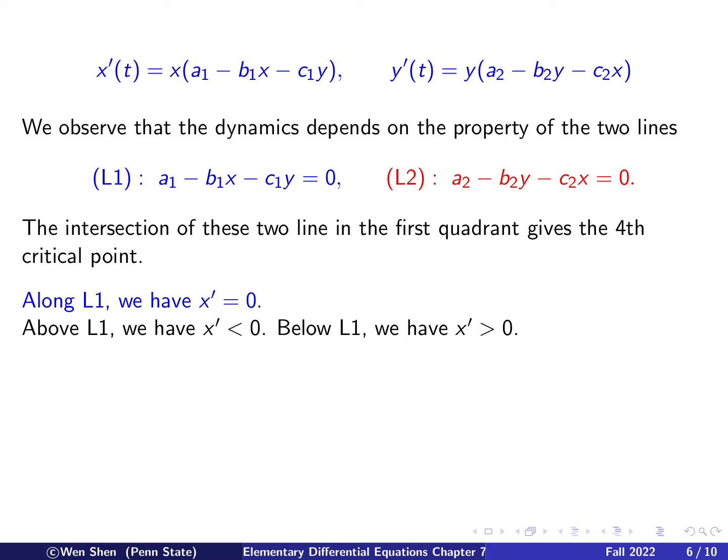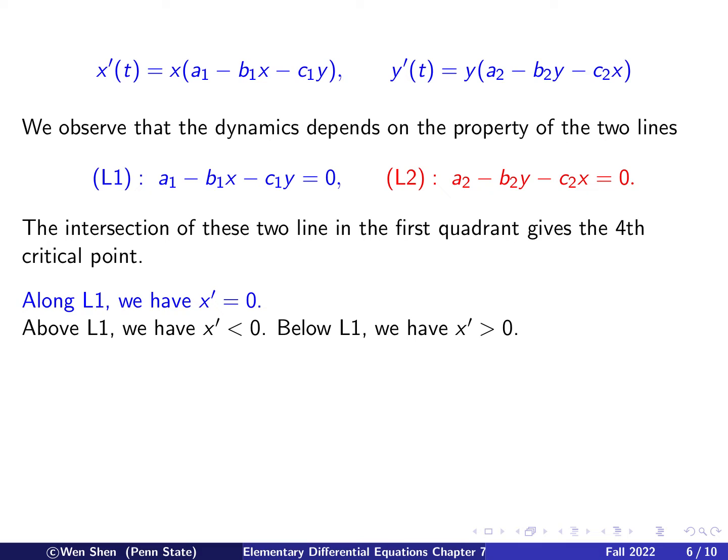Let's take a look at the behavior of the solution along these two lines or nearby. So look at line L1, it's a factor for x prime. Along line L1, this factor is 0, so x prime is 0. And then we see that above L1, which means y is bigger, this value here decreases, and then we get x prime less than 0.